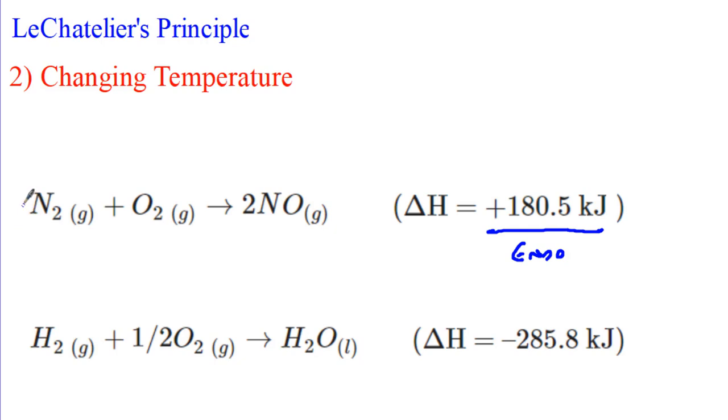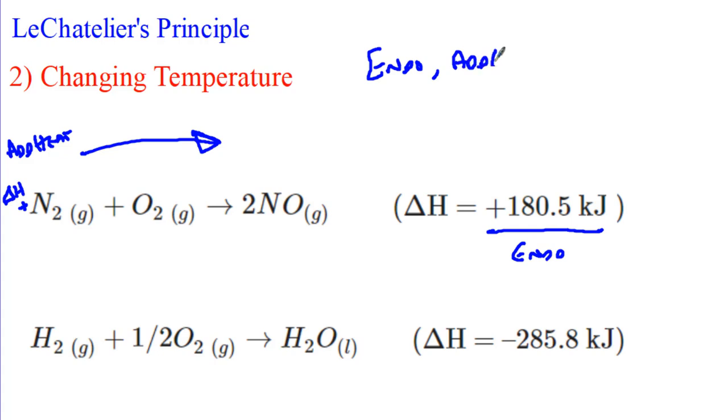Endothermic means my delta H is like a reactant, which means if I add heat, if I add temperature to this, it's going to shift away from that change, and it will make it go towards the NO. And so if we have a reaction that's endothermic and we add heat, it's always going to shift to the right towards the products.